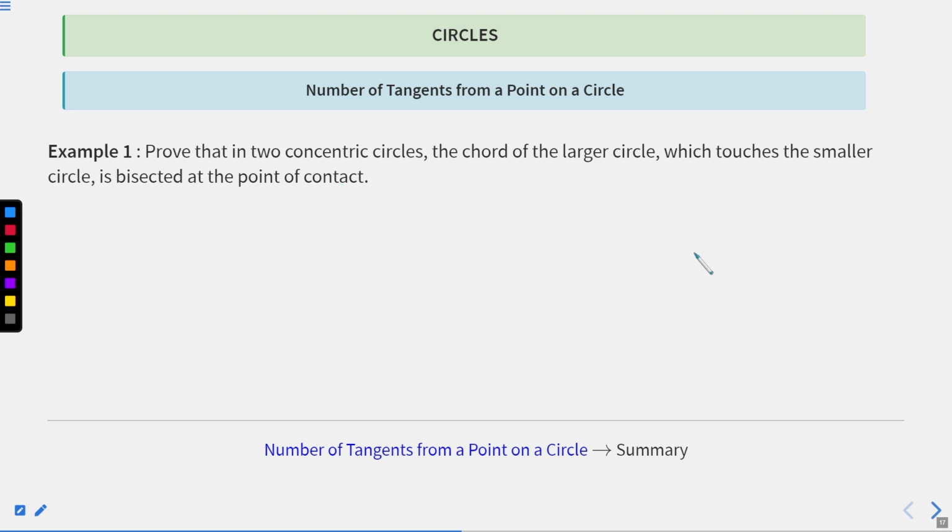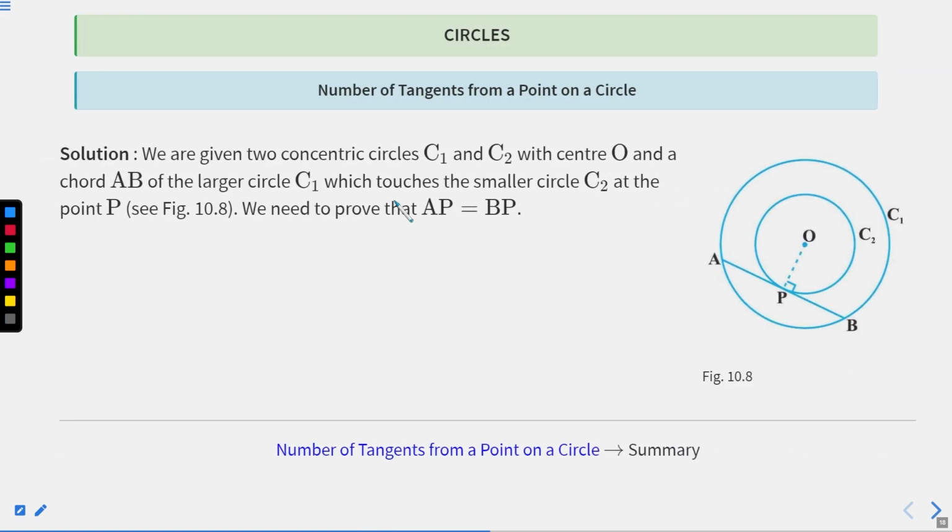Concentric means the two circles have the same center. So two circles that have the same center are called concentric circles. So let us prove it.